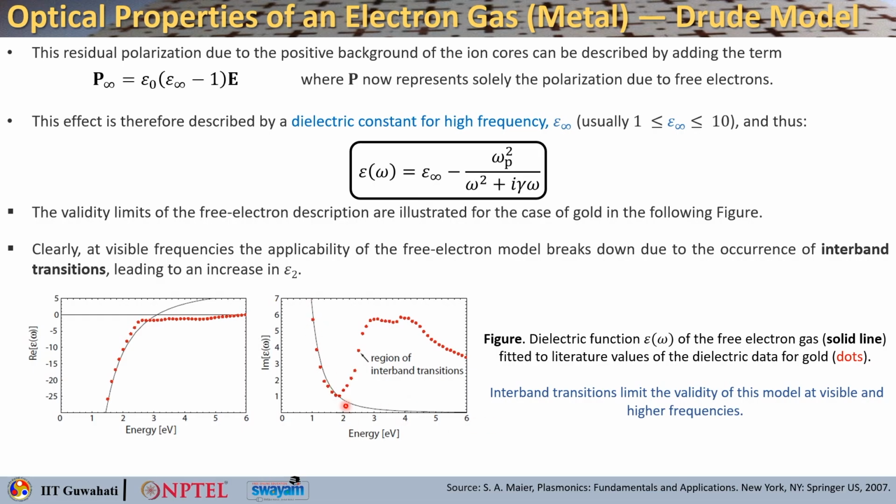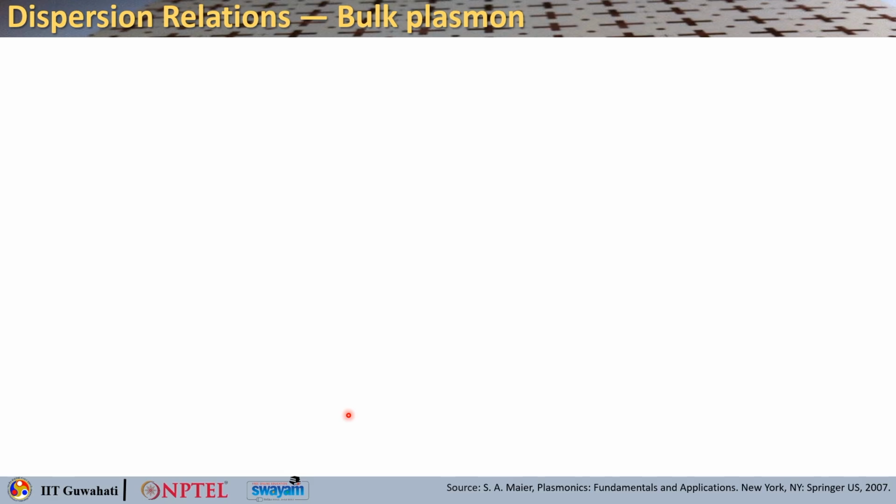So, below that it is doing a good job, but after this, in the visible and higher frequency range, because of the interband transitions, it is failing. This is the dielectric function of the free electron gas, the solid line, fitted to the literature values of the dielectric data of gold, which is obtained from the Johnson and Christy paper of 1972.